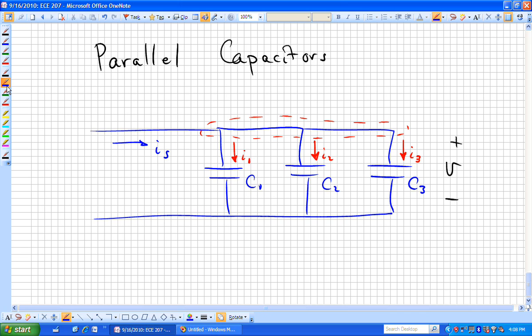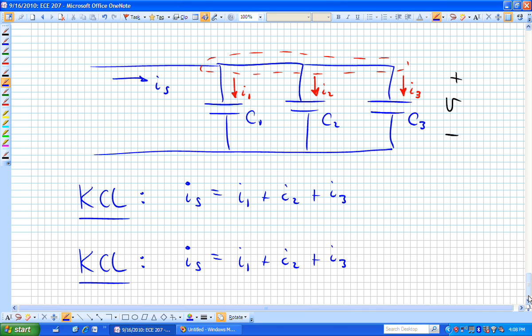Kirchhoff, right? We have KCL that we can rely on. We know from Kirchhoff's current law that I sub S, the current coming in, that's all just one node that I've indicated with the dashed red circle. That's I1 plus I sub 2 plus I sub 3.